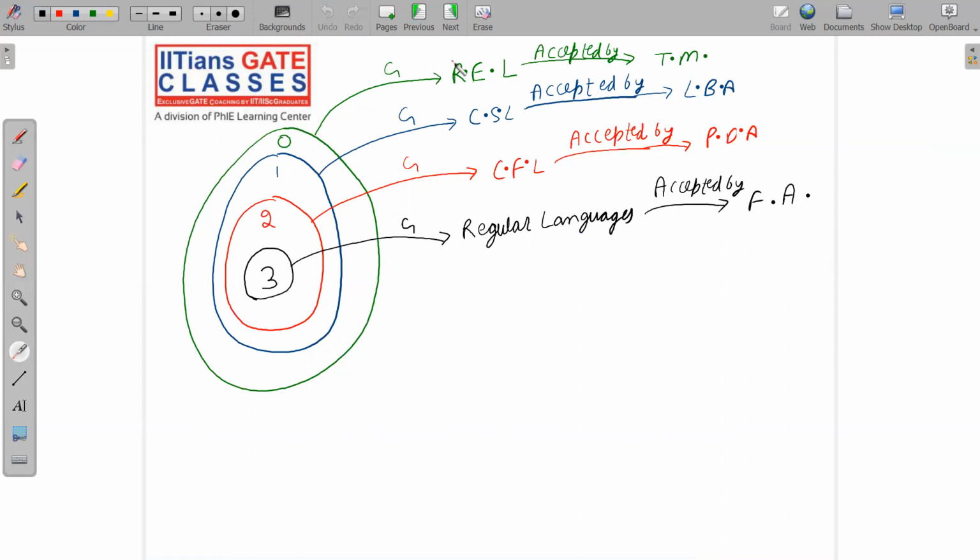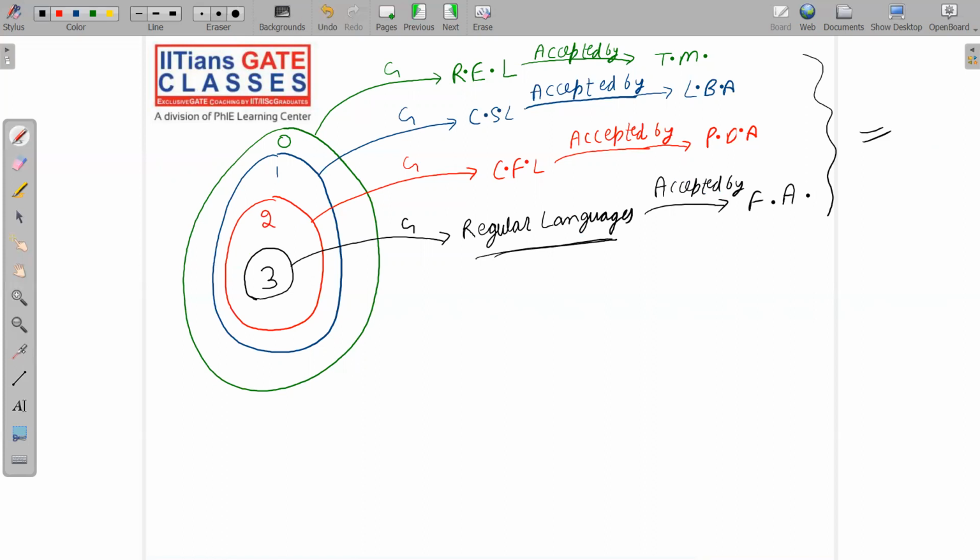And type 0 grammars generate recursively enumerable languages. REL means recursively enumerable languages, and these are accepted by Turing machines. So please try to remember this chart. I have spent a sufficient amount of time so that you can learn all these things properly. A language is said to be regular if and only if there exists a type 3 grammar generating it. Please note all these things down.